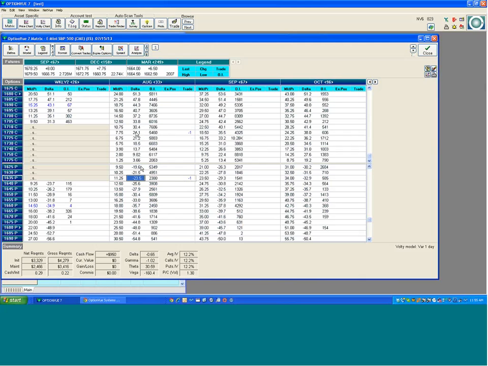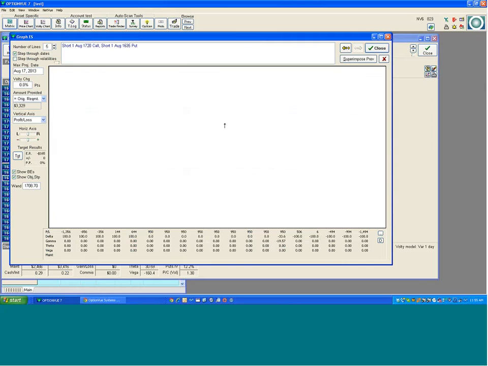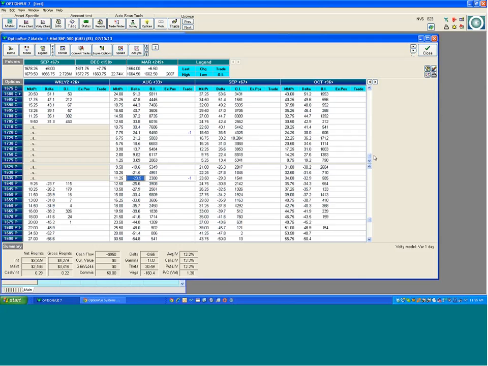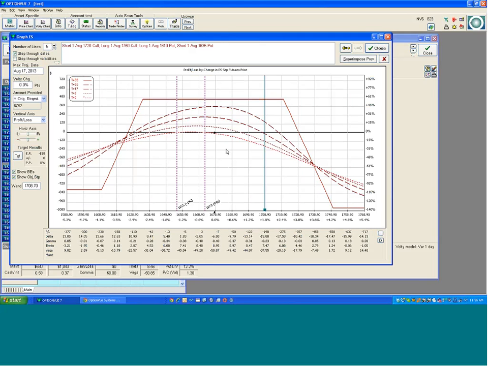Those are out of the money puts and calls. You have a short strangle, and then the iron condor means that we would be hedging that with like the 1750 call and, let's say, the 1610 put. That would be an iron condor, a little bit unbalanced, 6 deltas short, but same principles apply.